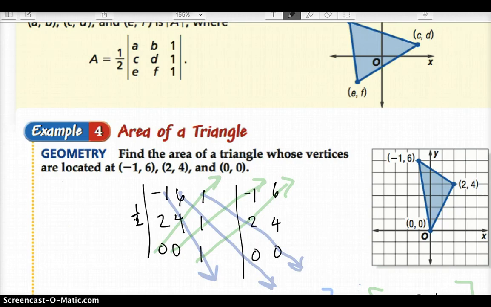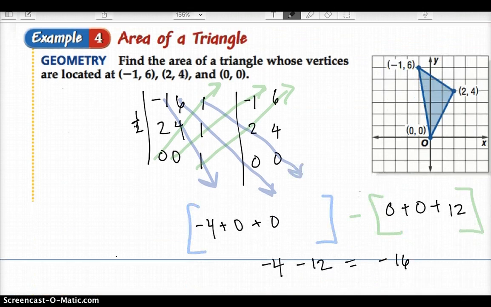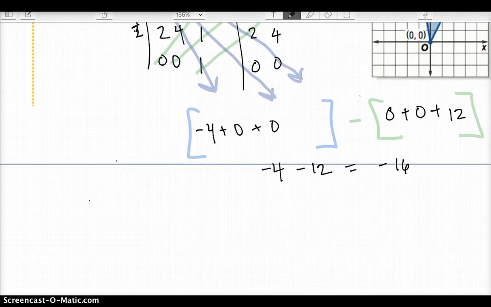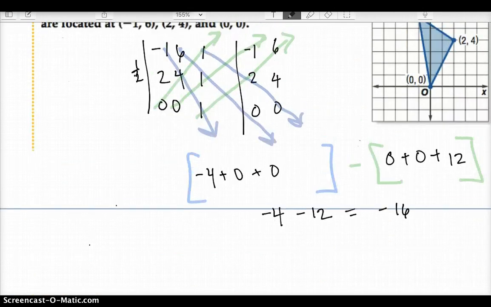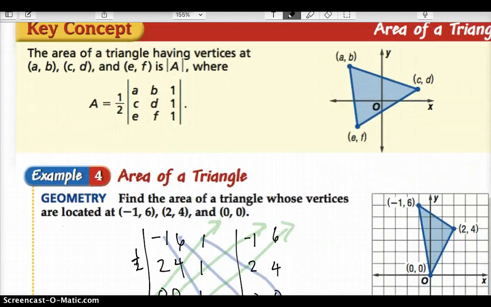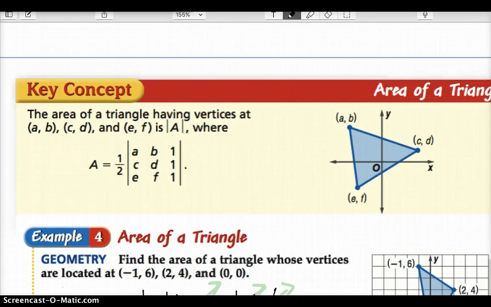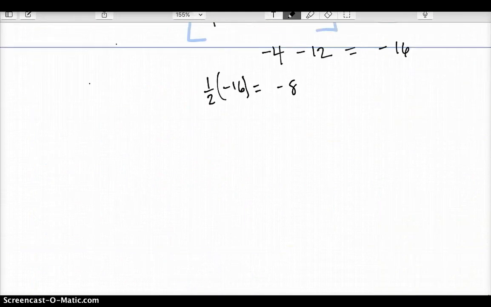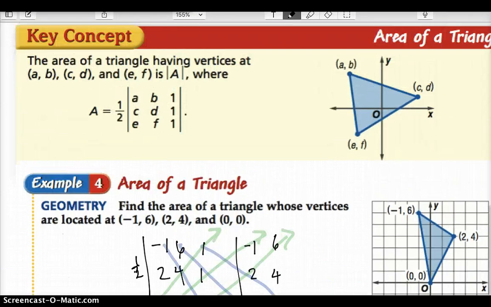And then, after we've gotten our negative 16, we are going to multiply that by 1/2, right? Because it was 1/2 times the result that we got here. So 1/2 times negative 16 gives me a negative 8. And you should be thinking, what on earth are we talking about? Because that's a negative number, and how can you have a negative area? Well, we don't.